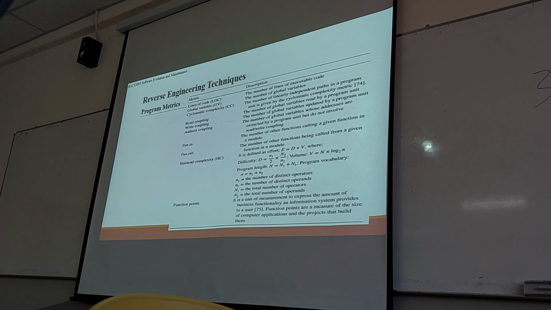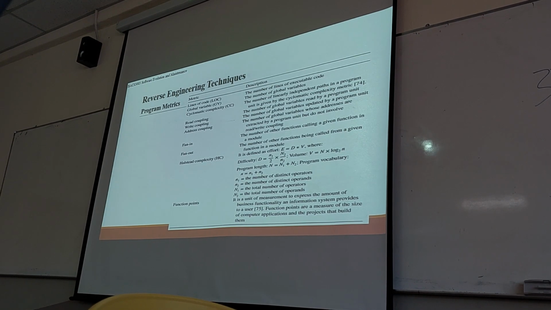These are the program metrics that we are going to use during reverse engineering. Lines of code, global variable, cyclomatic complexity, read coupling, write coupling, address coupling. So these are the metrics. What is read coupling?